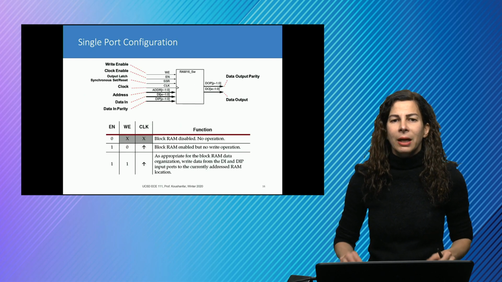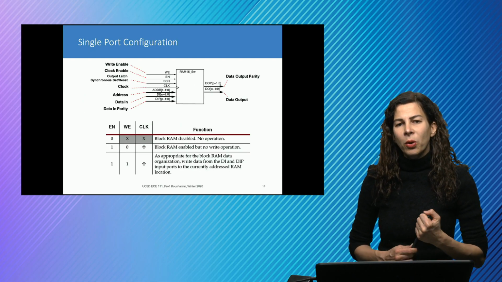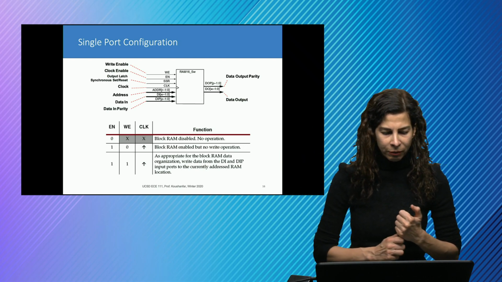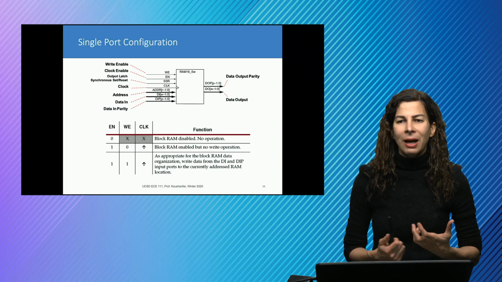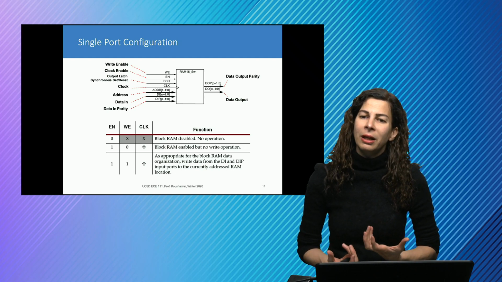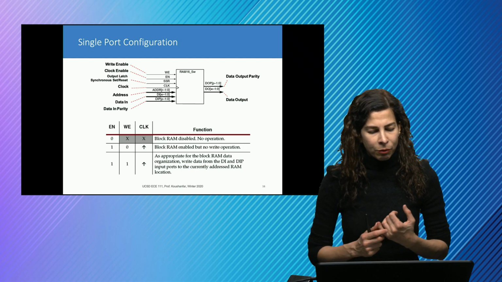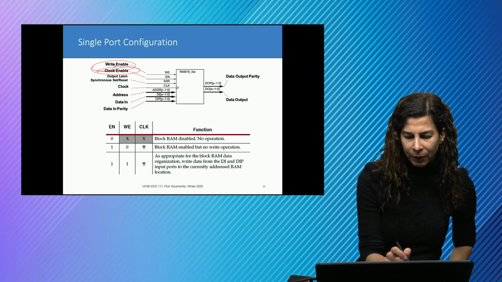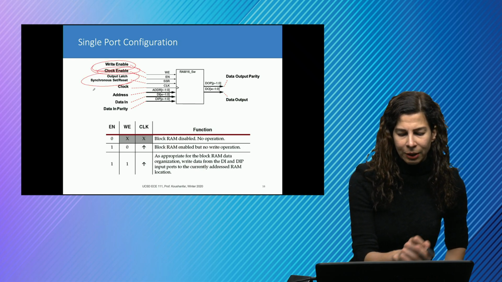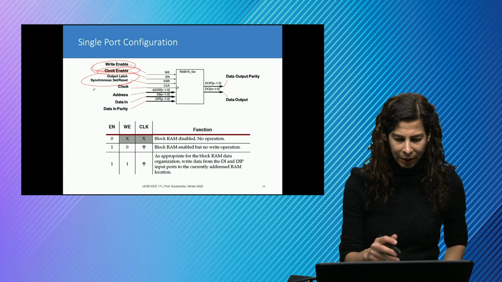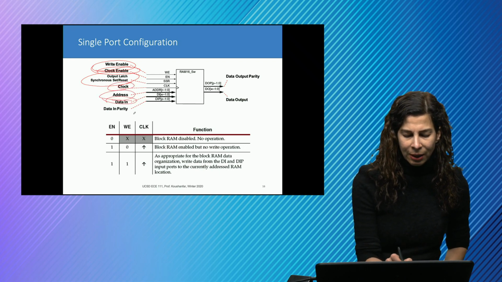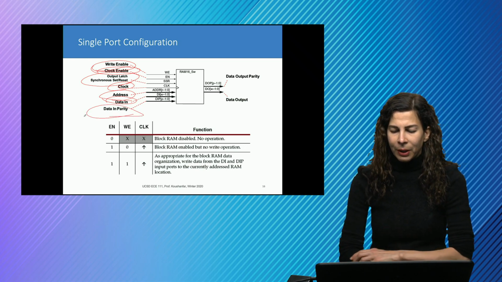Now, if we have a block of RAM in the single port configuration, again we have a similar construct like we've seen before. We have write enable, clock enable, and the output, and both synchronous and asynchronous reset. Of course, the clock, address, data in, and data in parity.